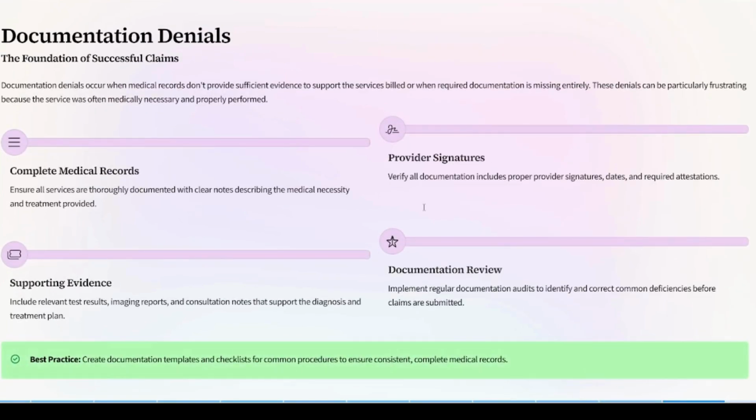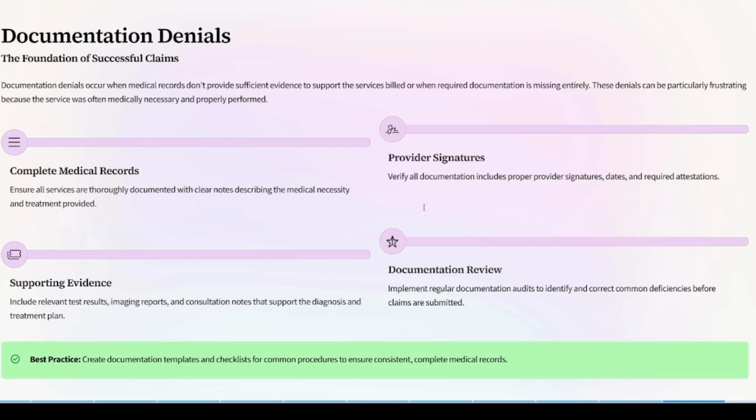Moving on to documentation denials, the foundation of successful claims. Documentation denials occur when medical records do not provide sufficient evidence to support the services billed, or when required documentation is missing entirely.